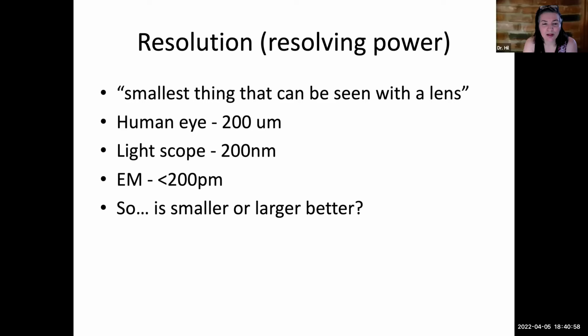So let me ask you this question. When we do this calculation, and there's a way to calculate it, you have to know for lab 2 next week, we do something called resolving power. We get a number, okay? What is better, to have a resolving power that is a small number or a big number?